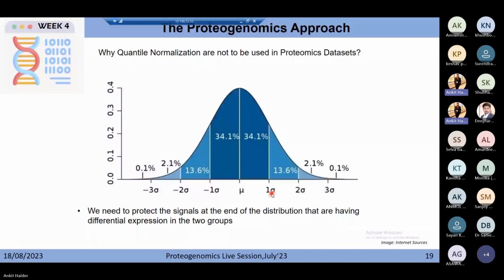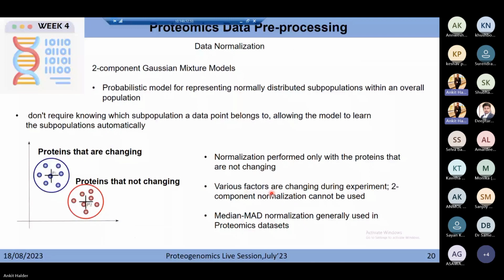Now another approach is the two-component Gaussian normalization, or the two-component Gaussian mixture model. This is a probabilistic model for representing normally distributed subpopulations within an overall population. What is changed here is that, as I told, it makes use of the concept that some proteins do not change, and only a few proteins change and produce the result.